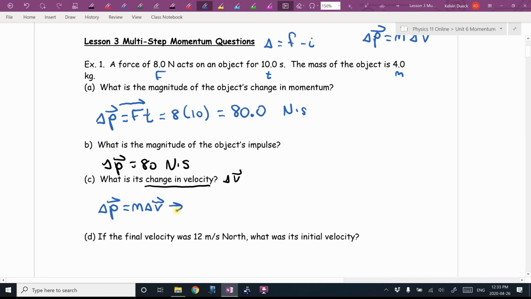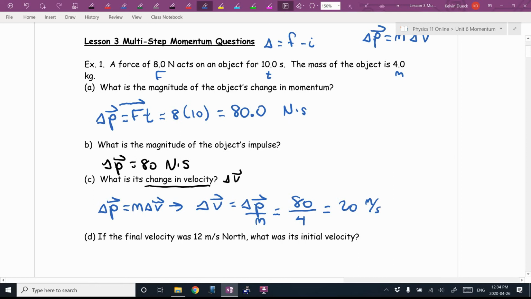And if I get the delta V by itself, what's the m doing to the delta V? Multiplying, so I guess I'll divide it over. Change in velocity is the impulse divided by the mass. Now the impulse was 80, the mass was 4, so the change in velocity was 20 meters per second.